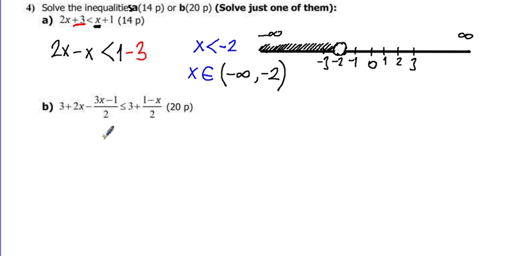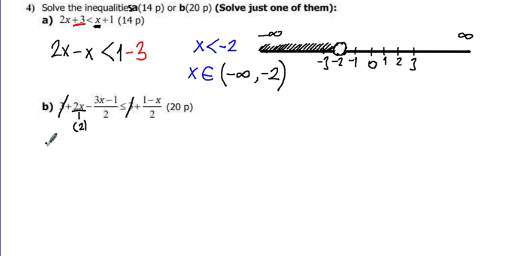Next question, we have 3 plus 2x minus 3x minus 1 over 2 less or equal to 3 plus 1 minus x over 2. Before we start, we see that we have the same number on both sides, so we can simplify these 3's. So it makes our operations easier. So here we have 2x, and we have fractions, so let's make the denominators equal. Here we have 1, so I multiply it by 2 to make all the denominators 2.